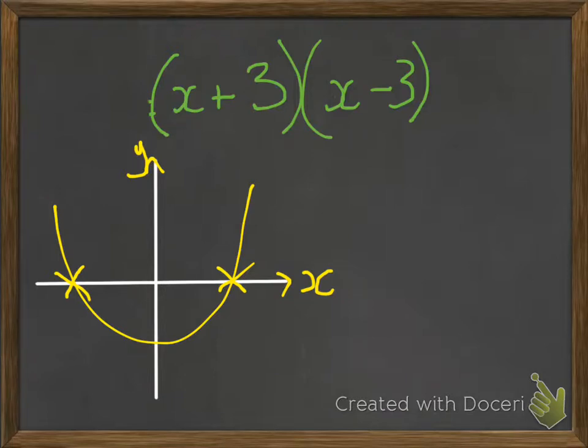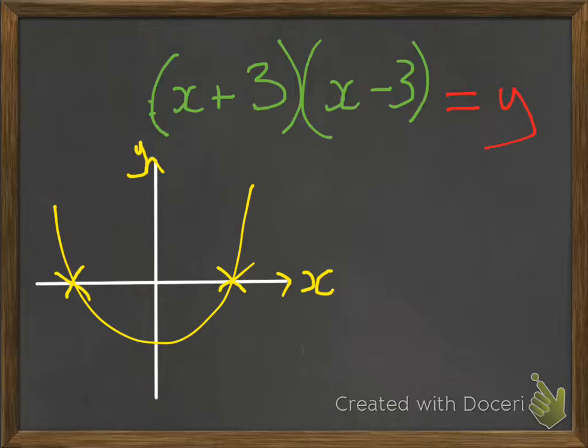You're trying to find the values where the equation effectively becomes 0. To make this 0, it can either be that this bracket is 0 or that bracket is 0, because anything times nothing is nothing.